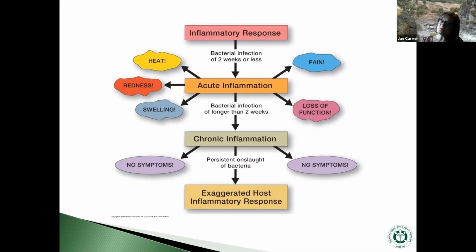Yes, you may still see some redness, but you're not going to see pain. Most people with periodontitis, they don't feel a thing. That's one of the reasons why it goes unchecked for so long for so many people, because they can't feel anything. They don't realize that they have a problem, particularly if they also smoke.